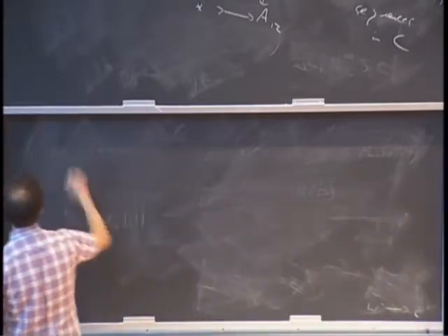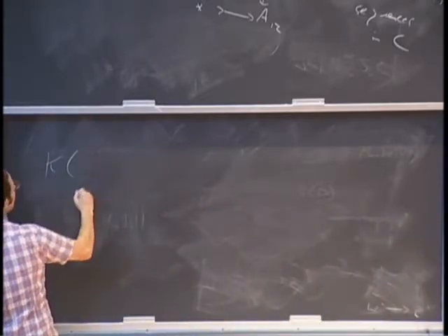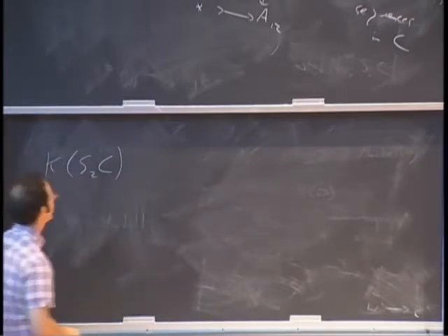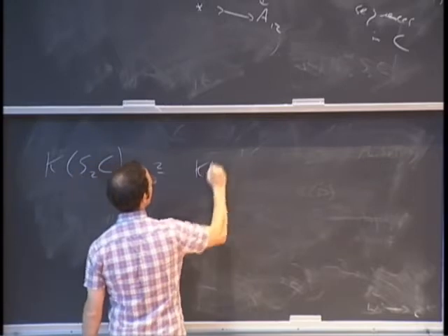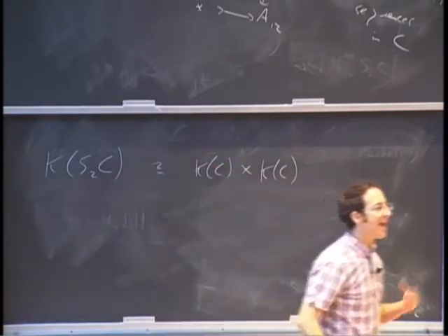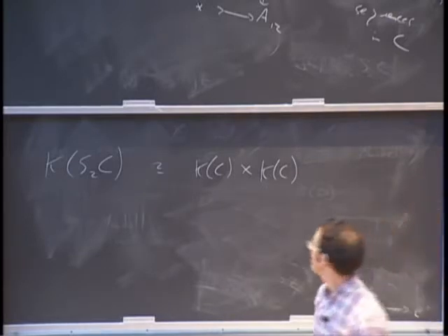And what Waldhausen proved was the following: the K-theory of S2 of C, which is a perfectly good Waldhausen category, is equivalent to the K-theory of C cross the K-theory of C. And what's the map that does that?